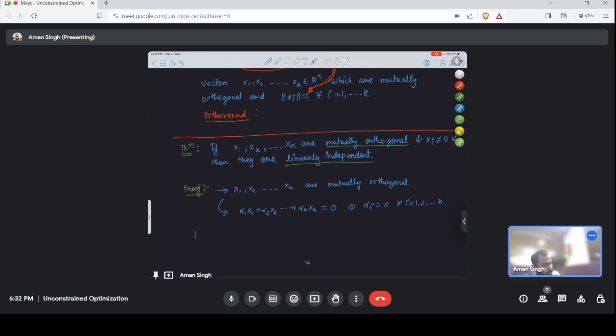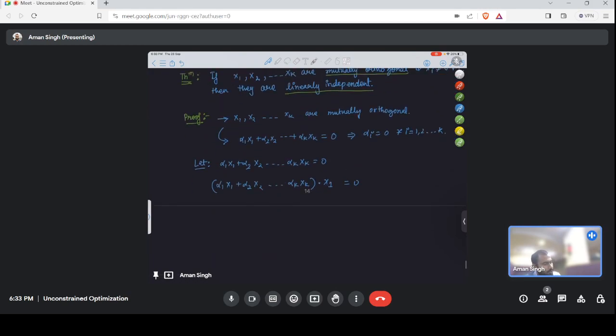So let's assume alpha 1 x1 plus alpha 2 x2 plus ... plus alpha k xk equal to 0, with x1 to xk mutually orthogonal. Now we take a dot product with x1 on both sides.